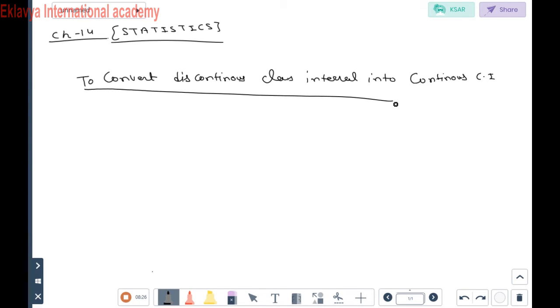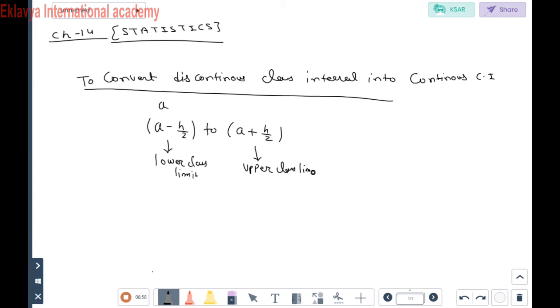For that, some values are given to you. Let A be the observation, then from its value we will subtract h by 2 to A plus h by 2, meaning that is the lower class limit and that is the upper class limit.